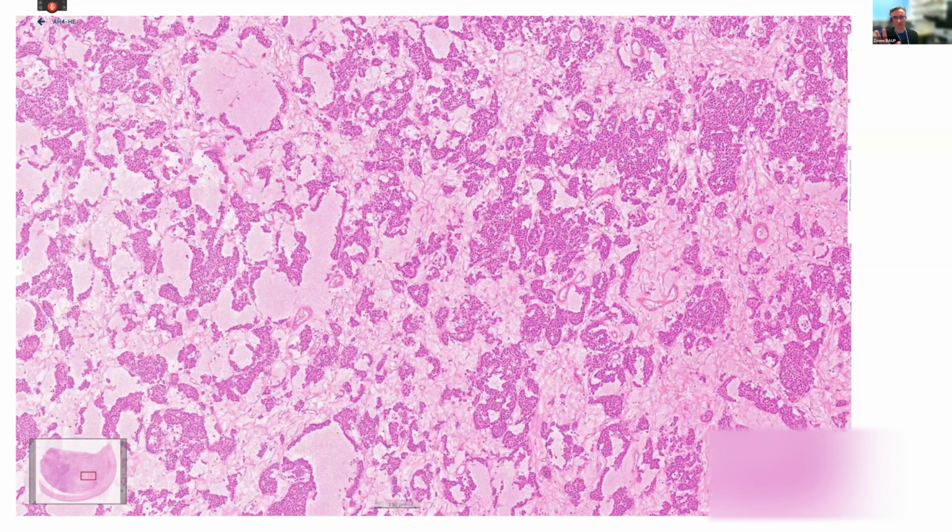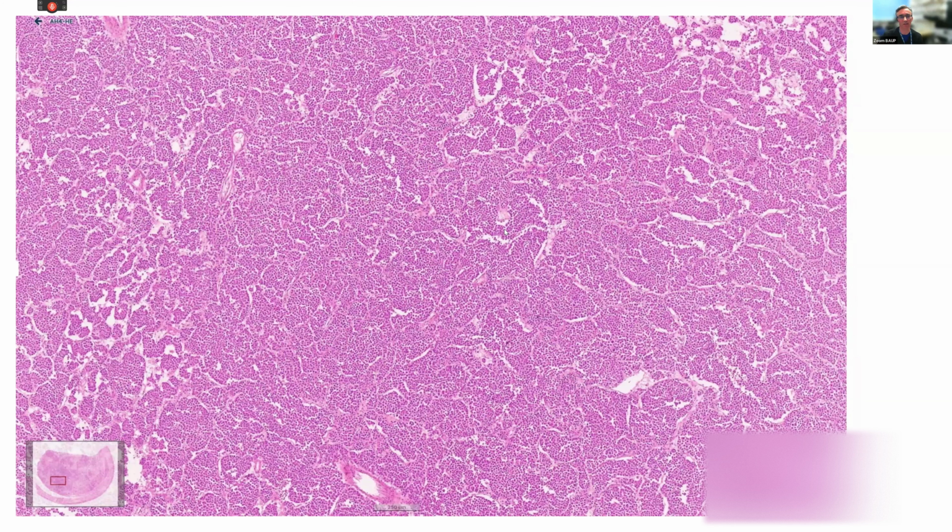On high power, I haven't got many images of this case, but the more edematous areas had stromal edema with pseudoglandular-like spaces and some small nests floating within them. And then the cellular areas, again, more densely packed nests with very little intervening stroma. There's not a feeling that there's a lymphocytic infiltrate running through the tumor.